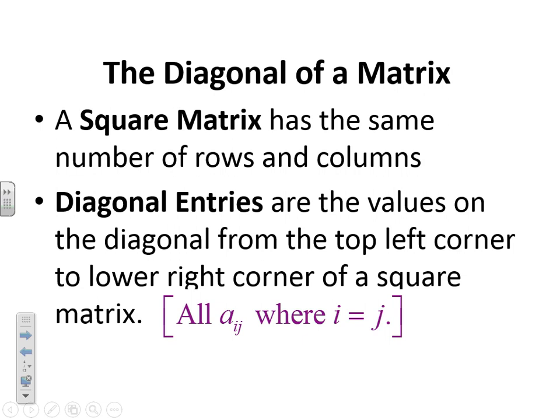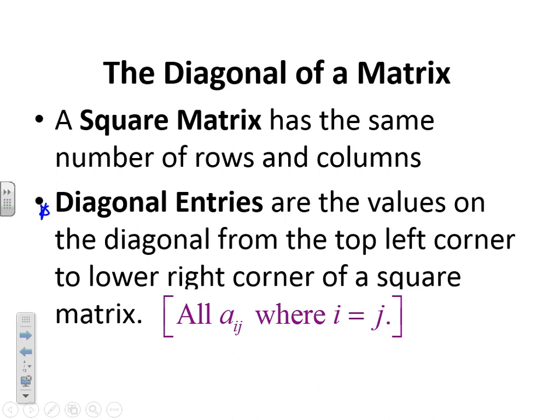So the next thing we're going to be talking about is the diagonal of a matrix. Now, certain matrices are known as square matrices because they have the same number of rows and columns, so that it actually looks like a square. Square matrices are unique in that we're able to identify a diagonal entry.